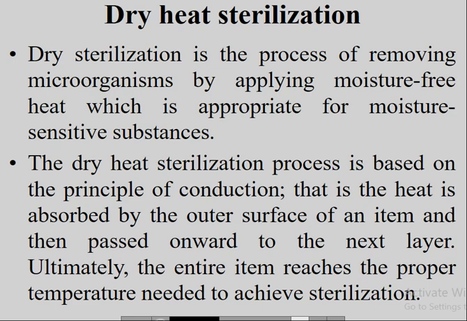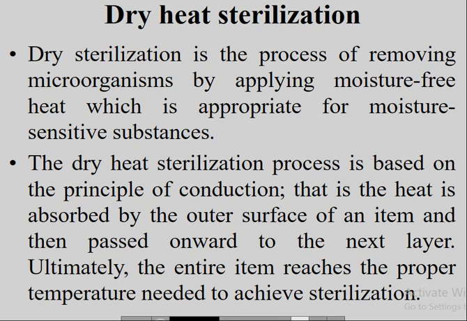Another method of sterilization is dry heat sterilization. It is the process of removing microorganisms by applying dry air or moisture-free air. The steam generated in an autoclave was moist heat, but here the heat generated is dry heat.